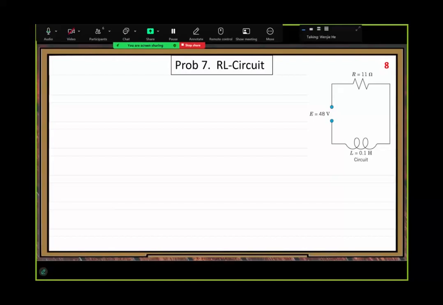Here we just get that E, the EMF, but we use the symbol E. E equals 48V. Then there is one resistor with 11 ohms and one inductor with 0.1 Henry. So let's look at the question. A very simple example.